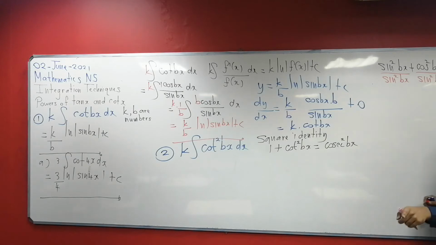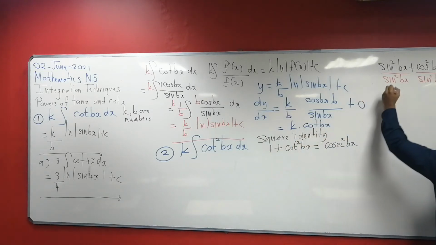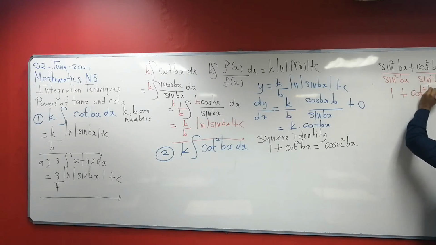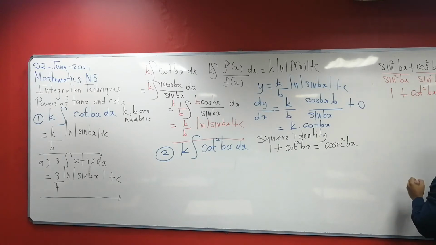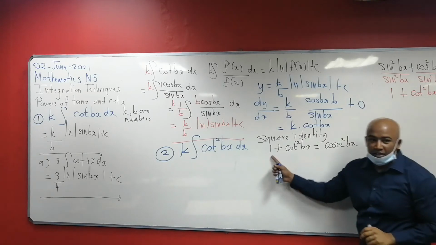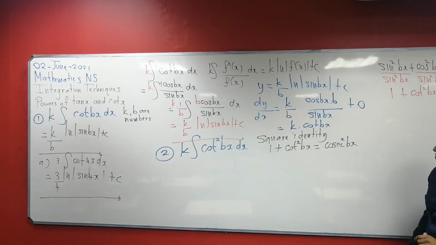Whatever I do on the left hand side, I must do on the right hand side. So sine² over sine² is 1, and cos² over sine² is cot². And 1 over sine is cosec, so 1 over sine² is cosec². So that's how you get this from sine² plus cos² is equal to 1.